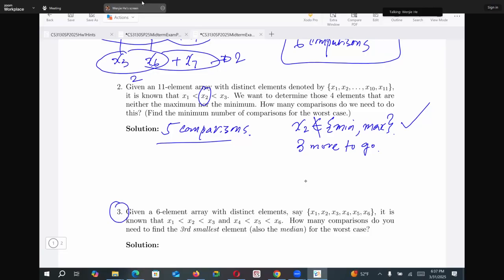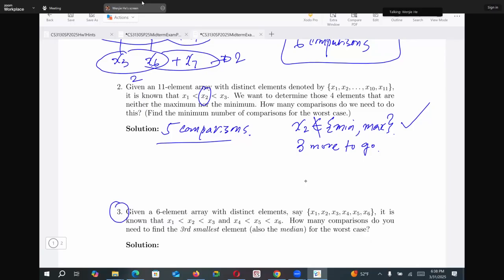One student, because you need 4 elements that are not maximum or minimum, added 2 more, considered just 6 elements, found the maximum and minimum, and removed them to get 4. In that way, you ignored the given condition and used 1 more comparison. If you use the given condition, you can save 1 comparison.